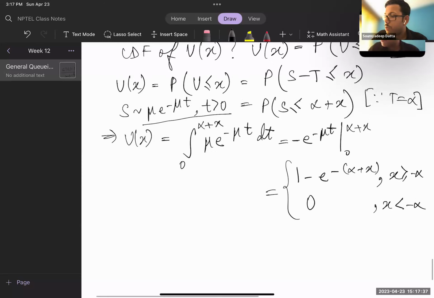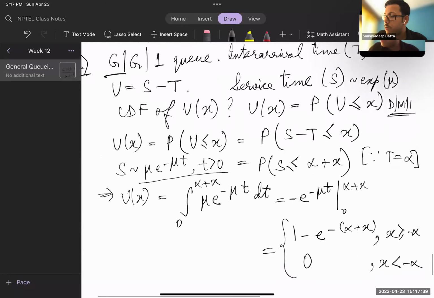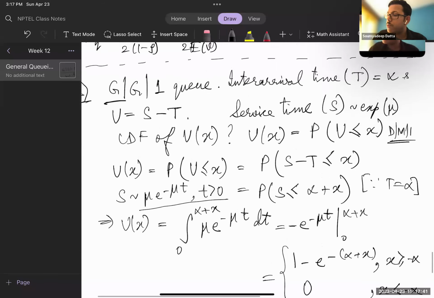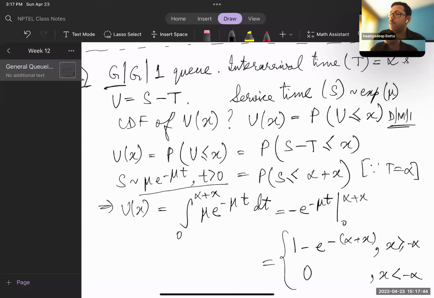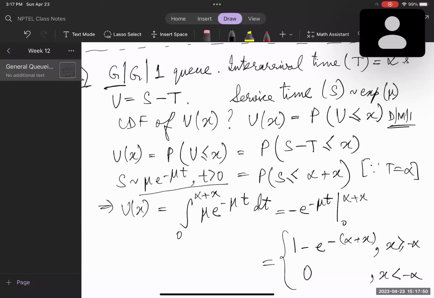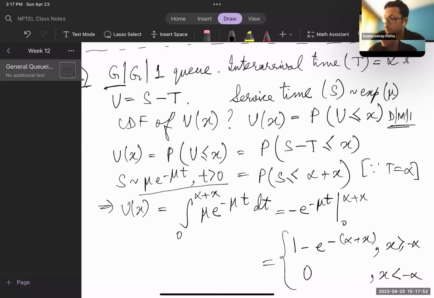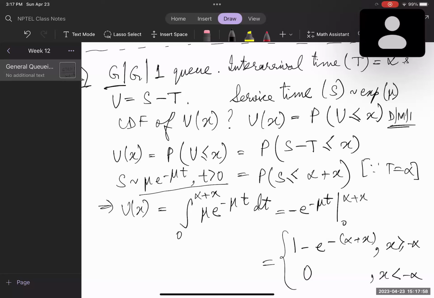So the key thing here is, in this kind of problem, one of the two quantities is deterministic. So you substitute that value, and then you use the probability distribution of the other quantity. In this case, service time had a certain probability distribution, so you use the PDF formula for that distribution, which is exponential.